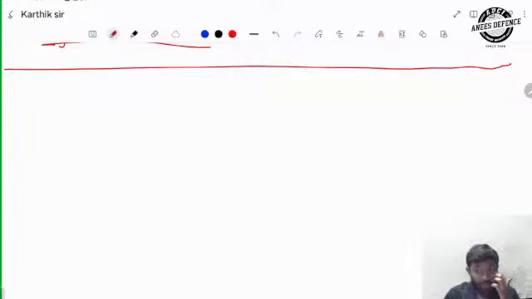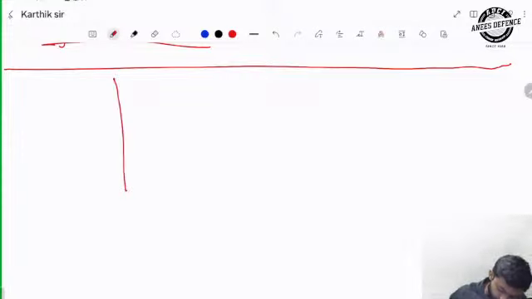Now there are six ratios in trigonometry. Trigonometry is something that is related to ratio. How do we remember them?